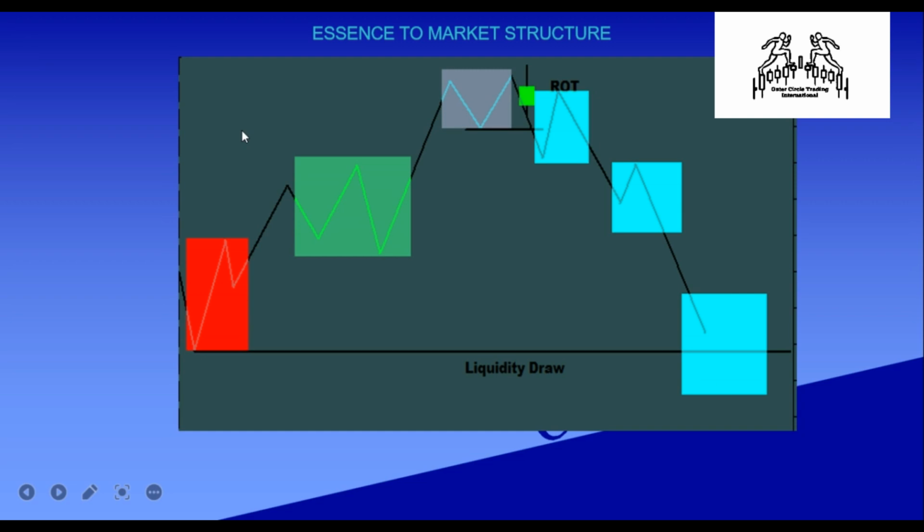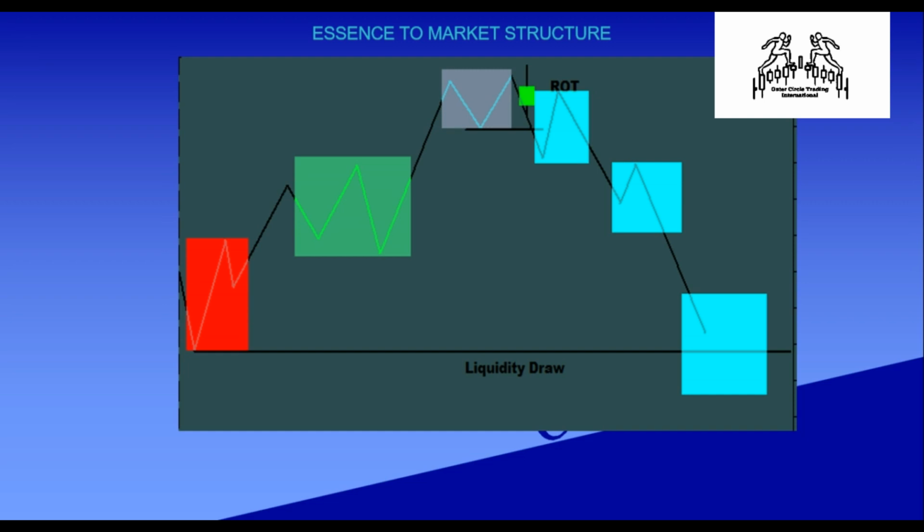So this is the model that you want to see: the price going up, breaking market structure, returning to order block, and expanding to the downside towards draw on liquidity. So this is the framework. This is the essence of market structure. This is what you want to see. This is the foundation.